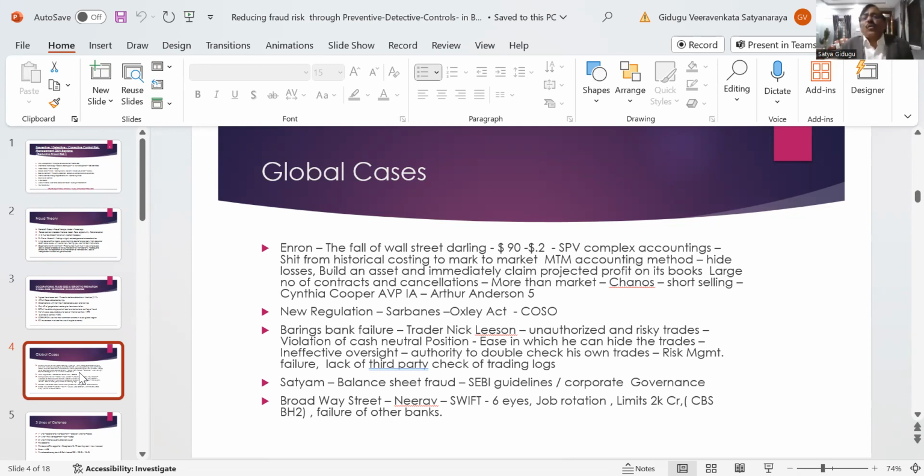Then the modus operandi you have to understand. A few things I will tell. I have created false contracts. The contracts are not existing. And how these contract monies were given to ghost employees.